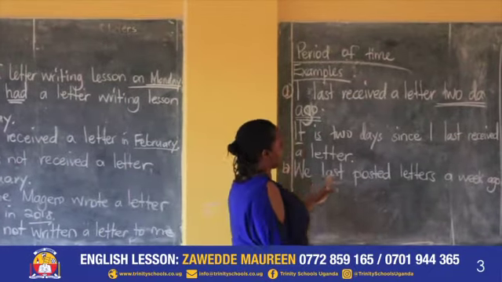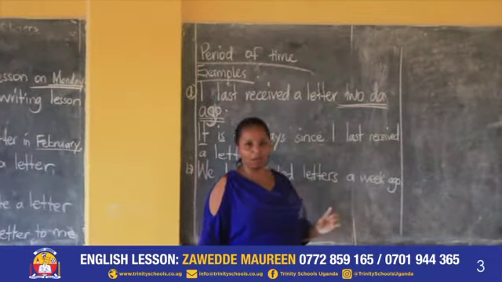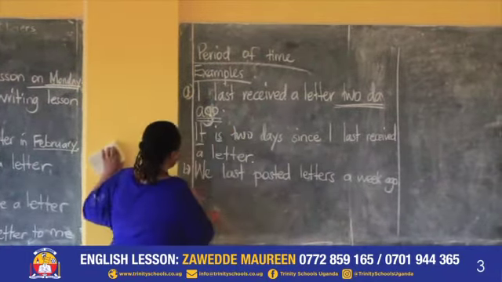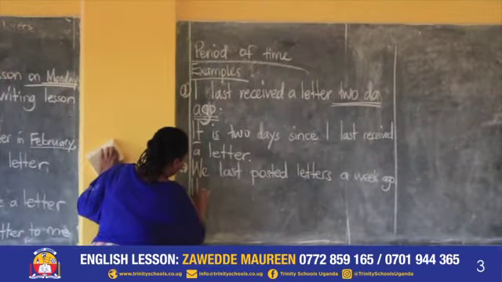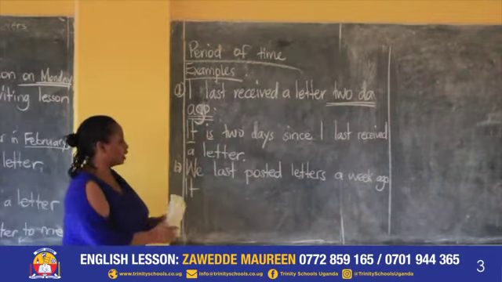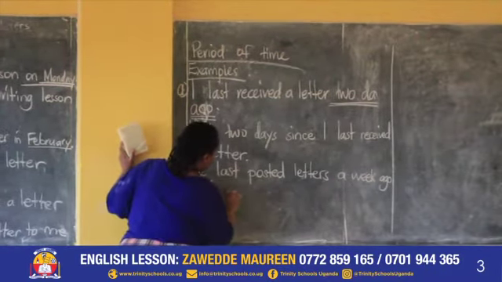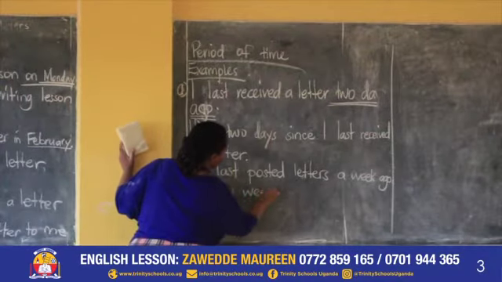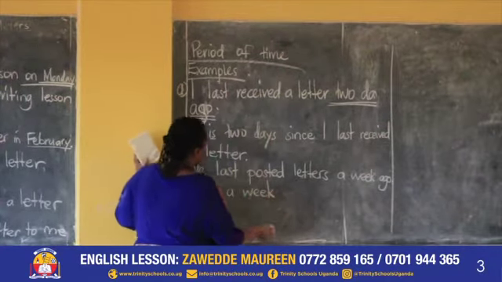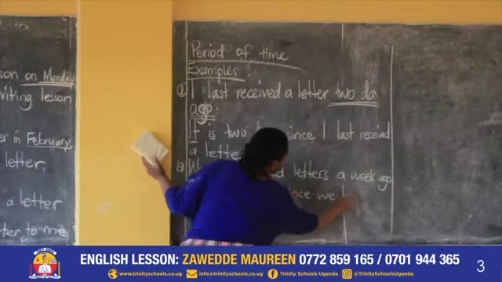Once you read and you see that it is a period of time or a length of time, very easy for you. You just begin by expressing that period of time with it is and say it is a week since we last.